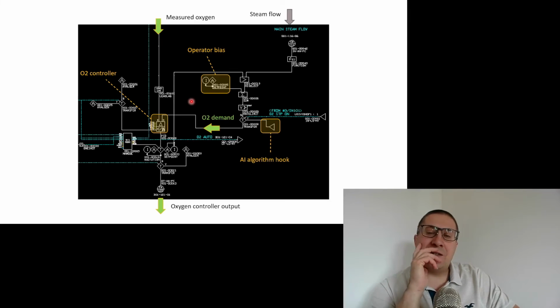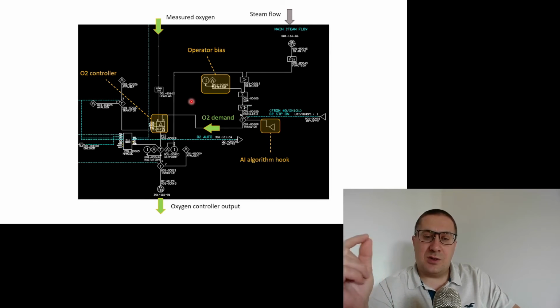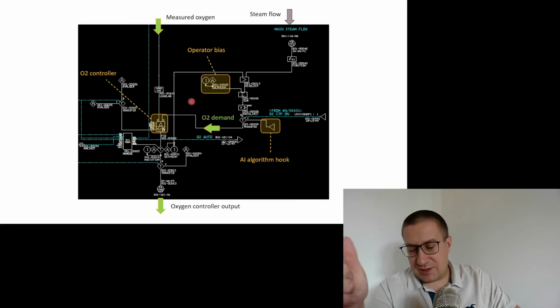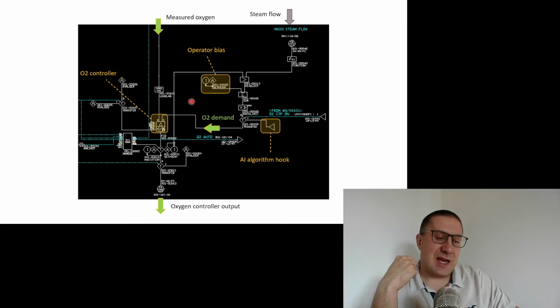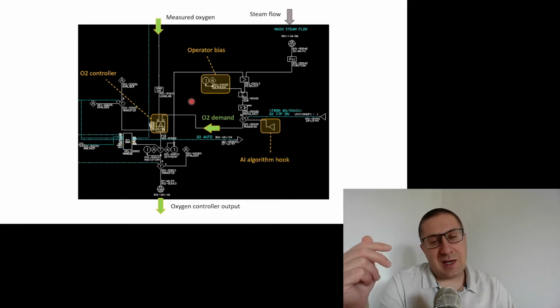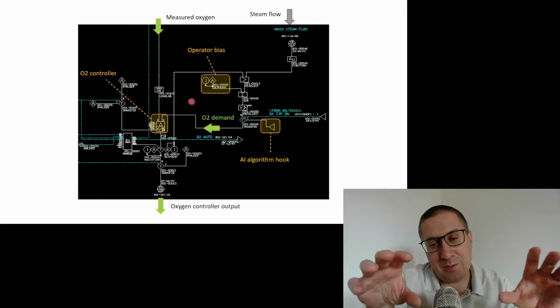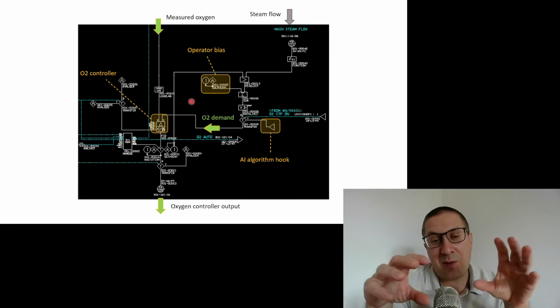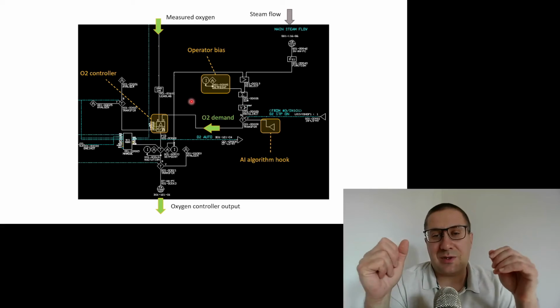Let's pretend that our AI algorithm tries to find the proper airflow in order to minimize CO emission, NOx emissions, and to improve the efficiency. So it reads the sensor values and tries to find the proper amount of air that is passed to the combustion chamber.